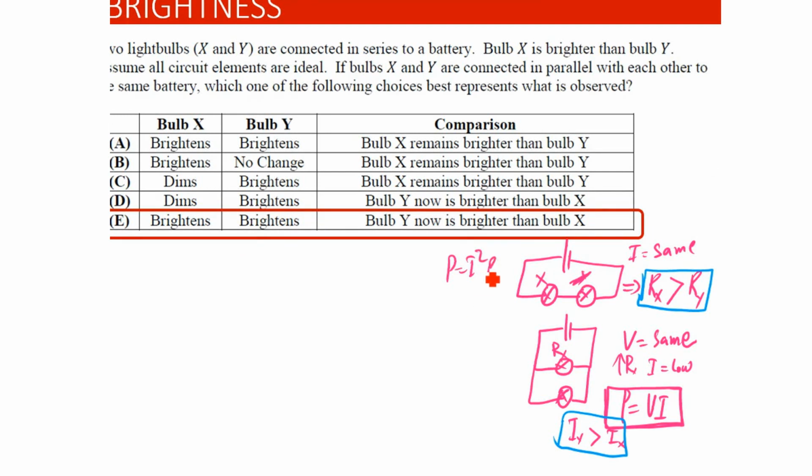Okay, so this is how you can figure out the answer. Okay, so shall we go to the next one? Okay, if this is clear, let's go to the next one now.